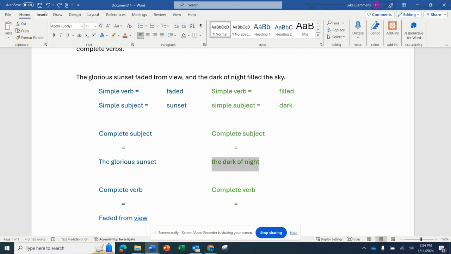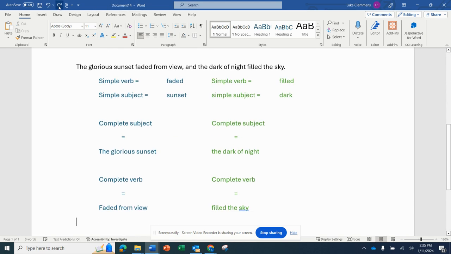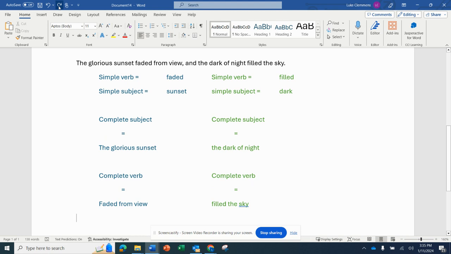The complete verb, over on the left side here, the glorious sunset faded from view. The complete verb is going to be faded from view. And on the other side, it's going to be filled the sky. Okay, so I hope that makes sense. Just remember that when we have a simple sentence, it's going to be one complete subject, one complete verb. And if we have a compound sentence, it's going to be multiple complete subjects, multiple complete verbs.